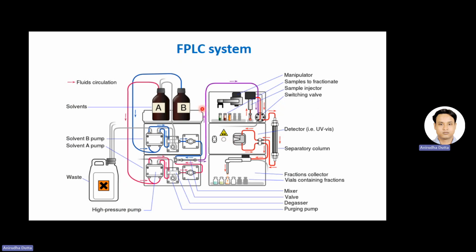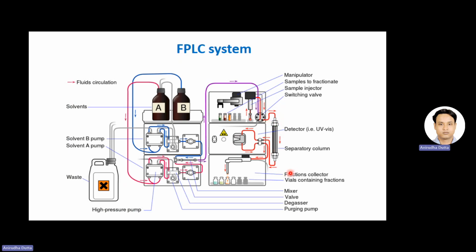So this is an FPLC system: two pumps, one detector, a fraction collector, and whatever column you want to put. If you want to put a nickel column, you can run a nickel column. If you want to put a hydrophobic column, you can attach the hydrophobic column here.